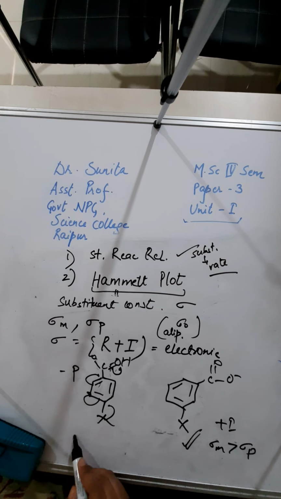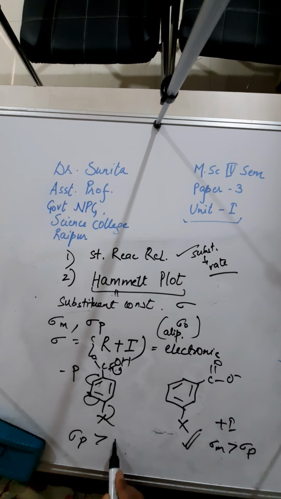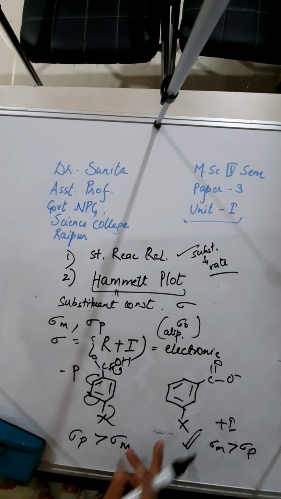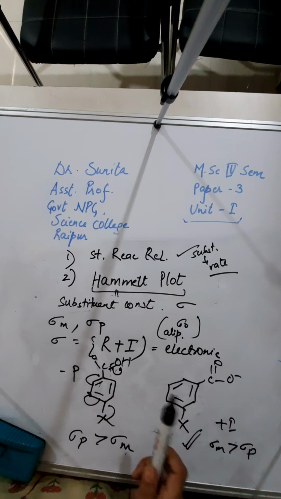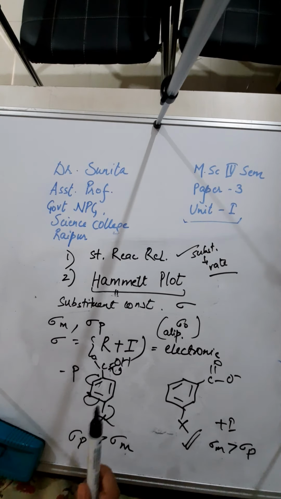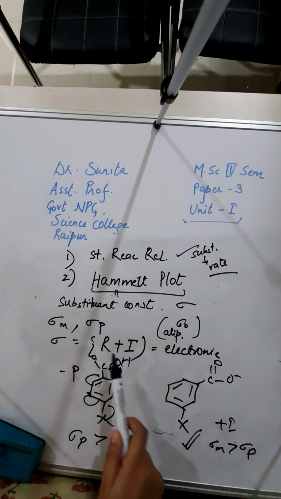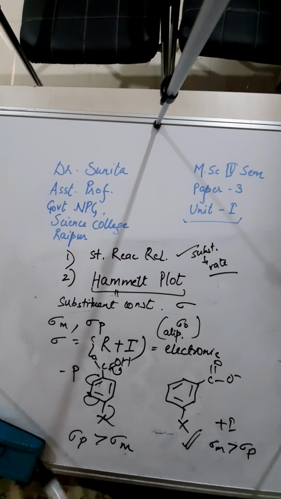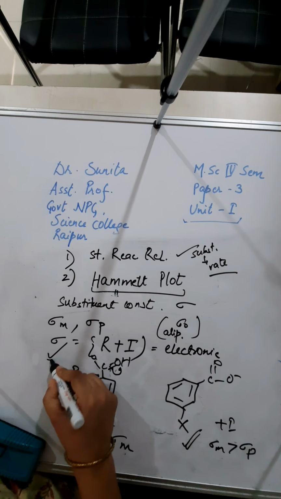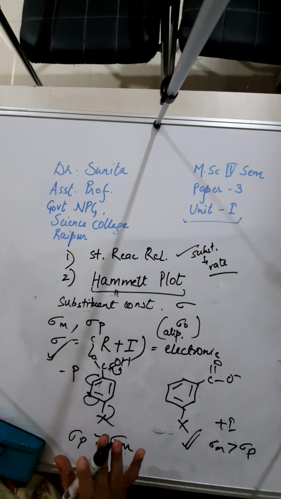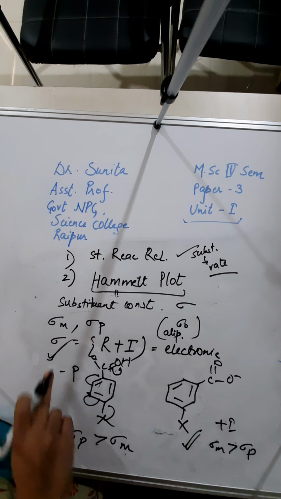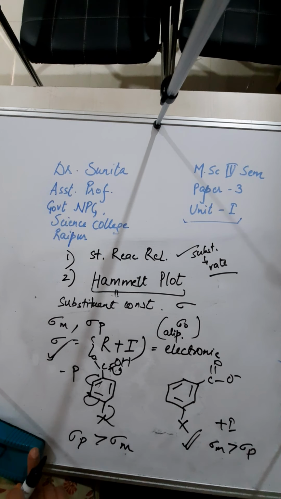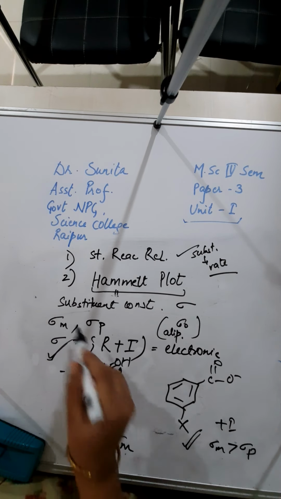So here sigma P is more than sigma M. So sigma is the collective effect of the electronic effects consisting of the resonance and the inductive, and it is independent of the reaction center. The nature of the reaction site does not affect the sigma. These are some characteristics of the substituent constant.